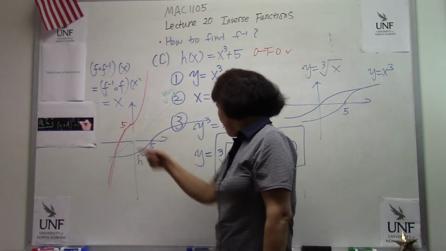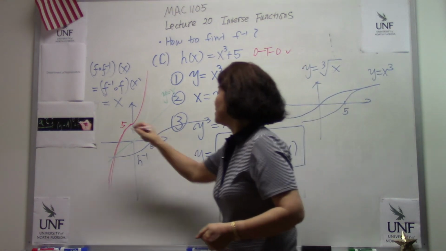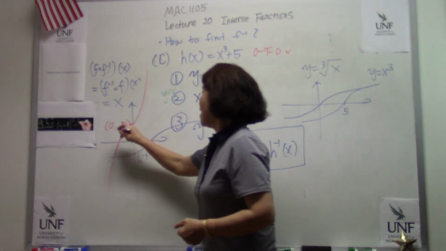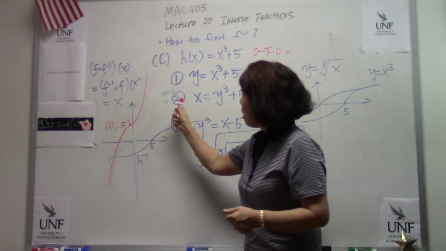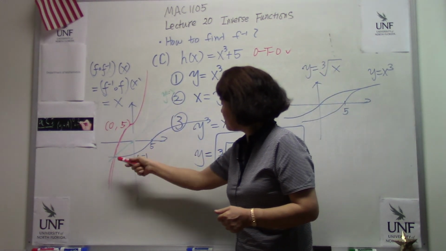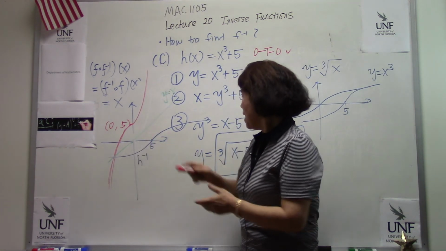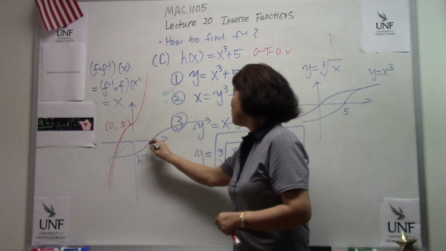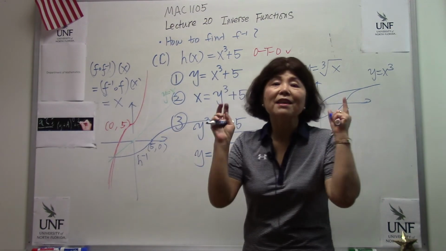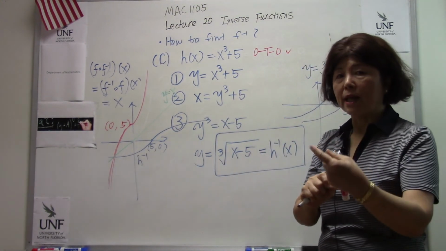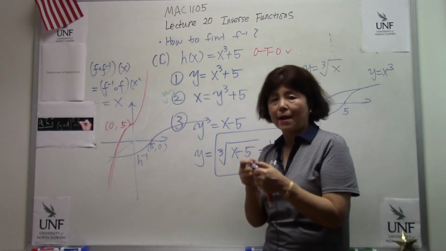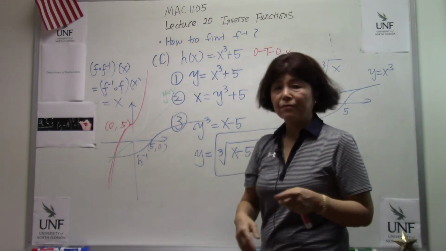So look at this point, 0, 5, correct? What is the corresponding point across this line of symmetry? It goes over here. Yes, this means 5, 0. Literally, you just interchange the x and y coordinates, and then you can find the graph of the inverse function.